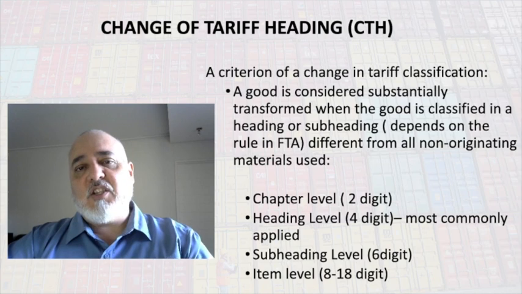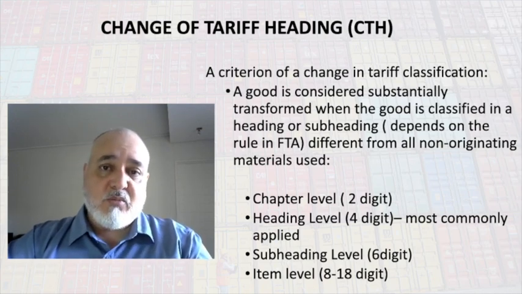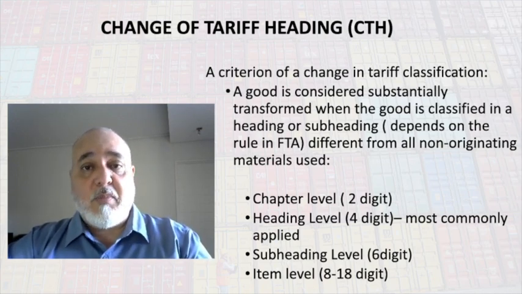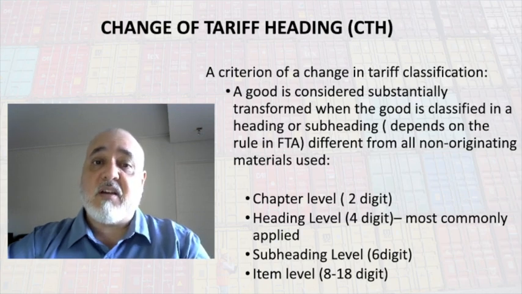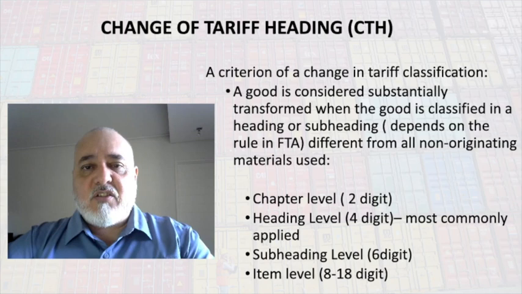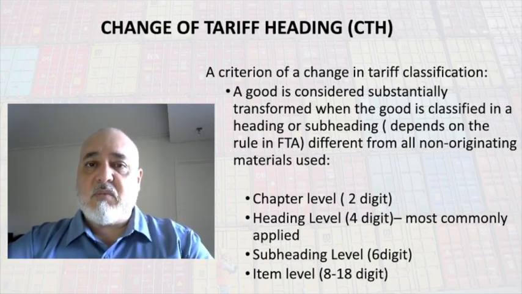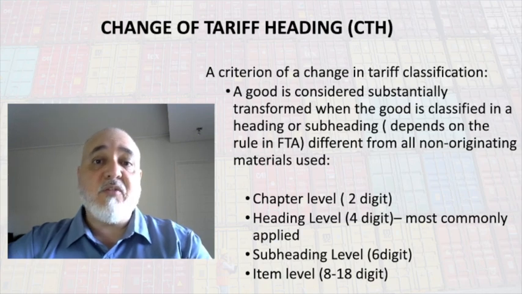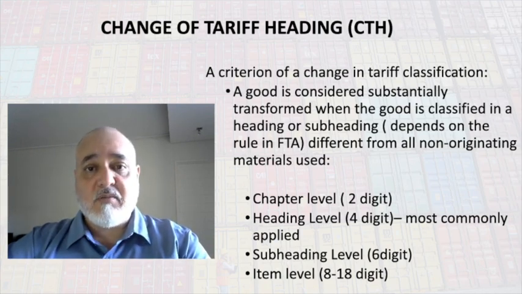If a product changes its tariff classification code due to processing or manufacturing, it can be considered as having undergone substantial transformation. To apply the change of tariff heading criterion, the rule of origin requires that the good be classified under a different tariff heading than all of the non-originating materials used in its production.